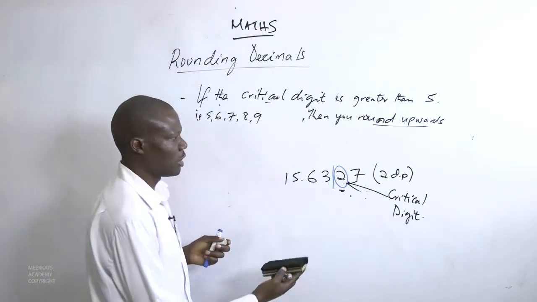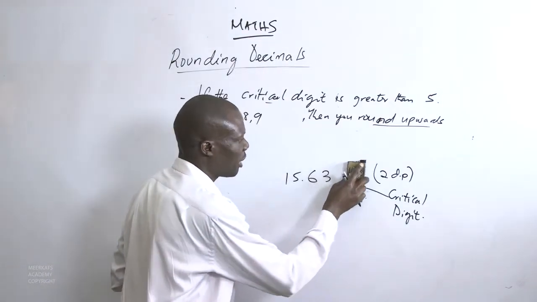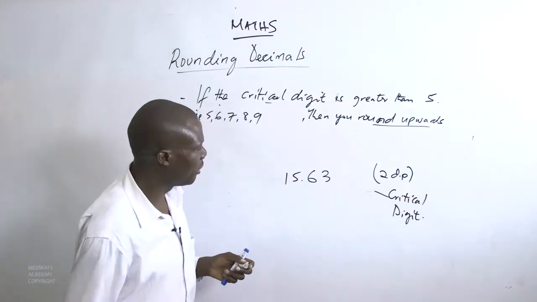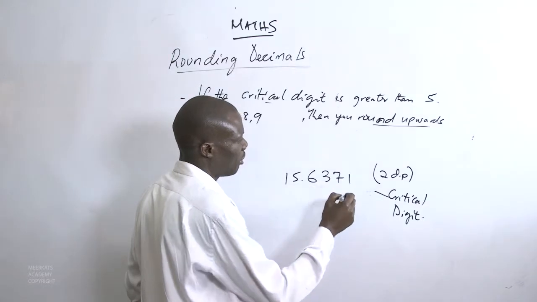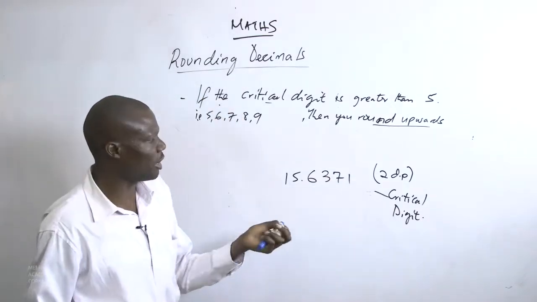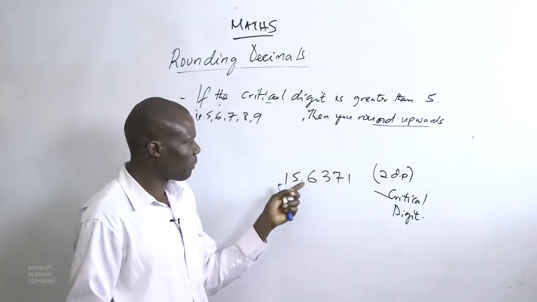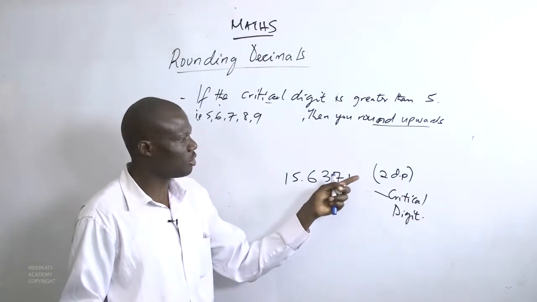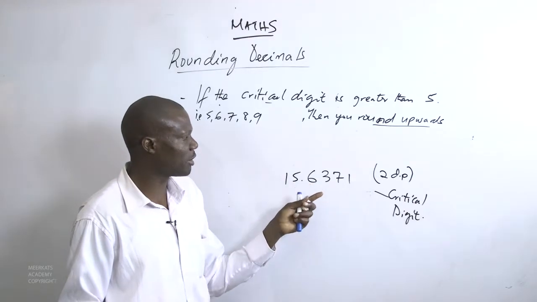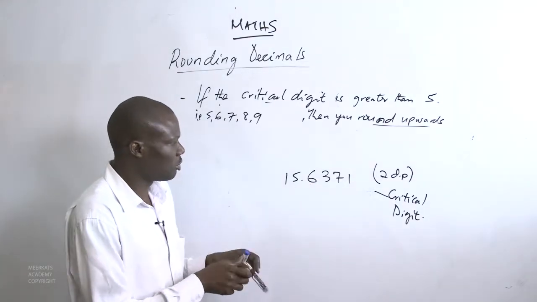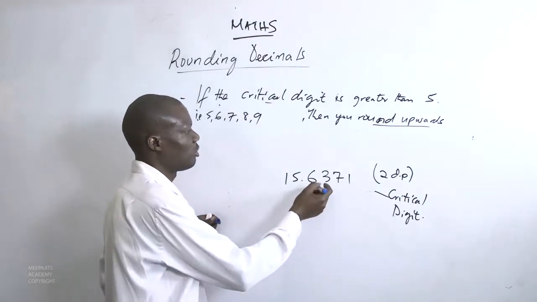But let's see, supposing the number we had was different, so that we have 6, 3, 7, 1. And then we are asked, round off this number to the nearest 2 decimal places. Then we shall count 2 decimal places, that is 1, 2.